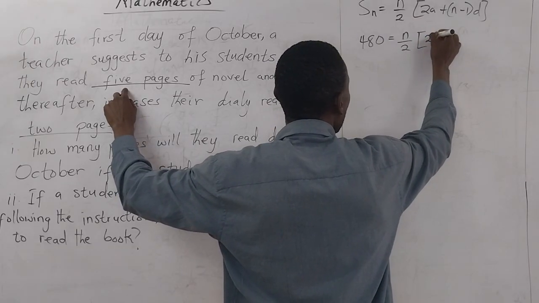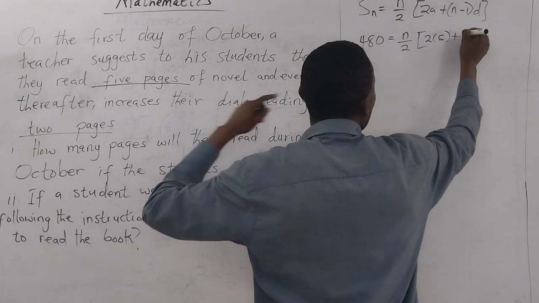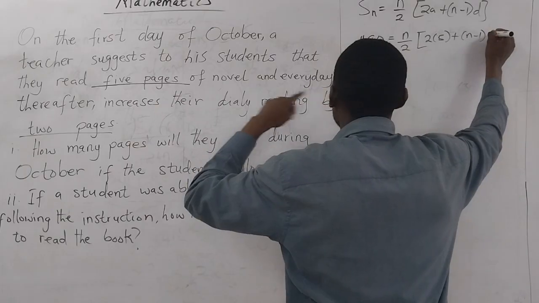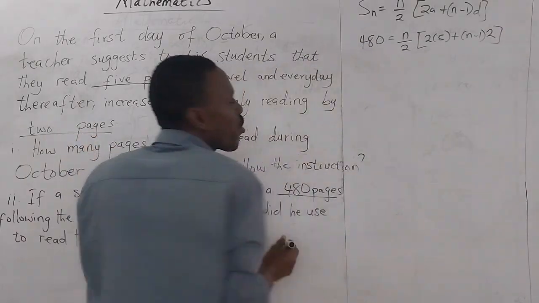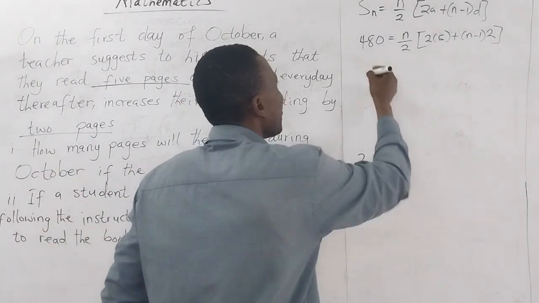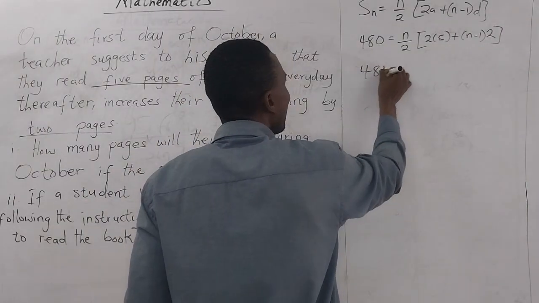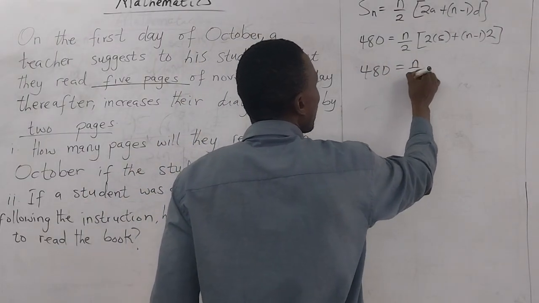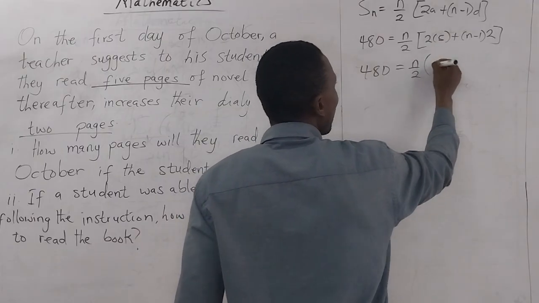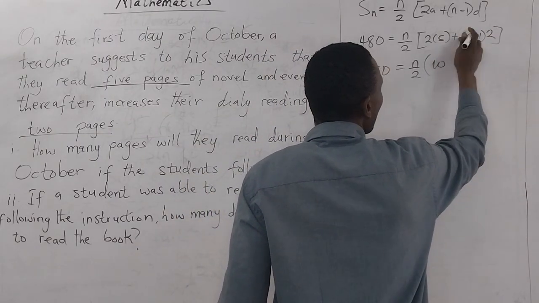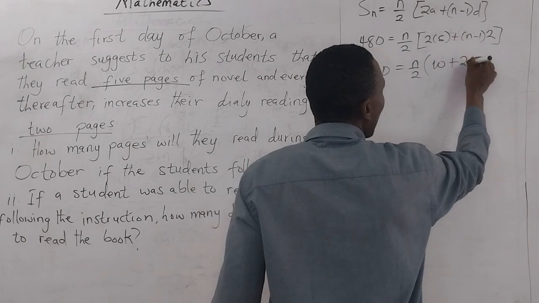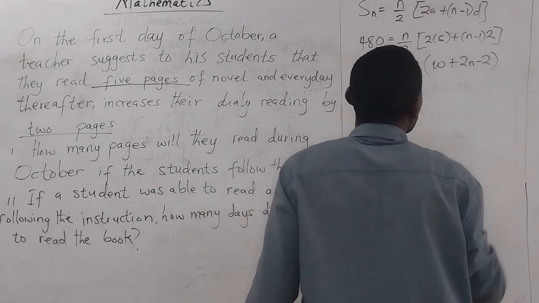So that will be multiplying 5. Again, n is what we are finding. The difference is 2. Okay. Let's do some quick simplification. So that will give us 480 equals n over 2, times 2 times 5, which gives us 10, plus n minus 1 times 2, so we are going to get 2n minus 2. Great.